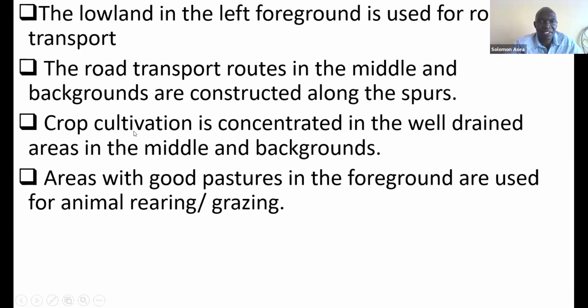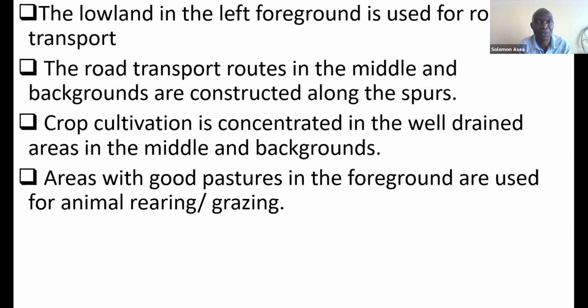Then crop cultivation is concentrated in the well-drained areas in the middle and backgrounds. So what is the physical factor here? The physical factor here is drainage. Is it well drained? What type of drainage pattern is it? That is what we consider.